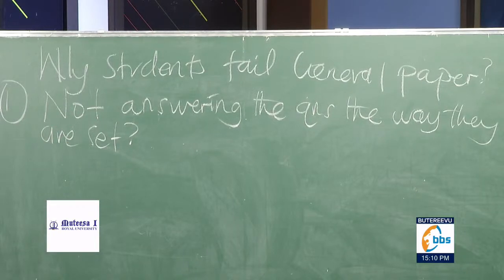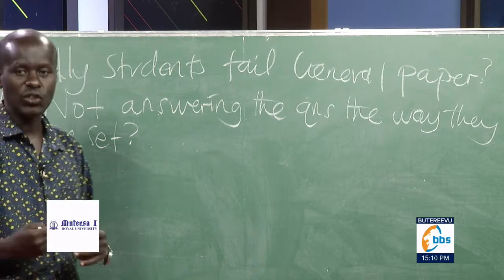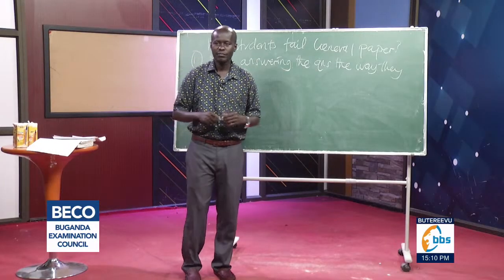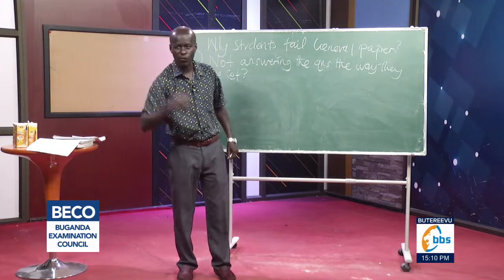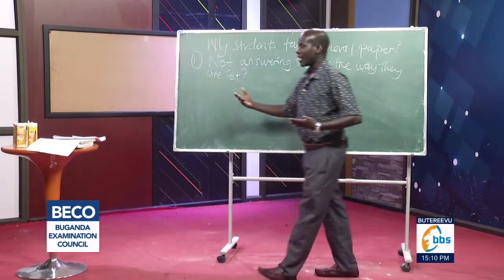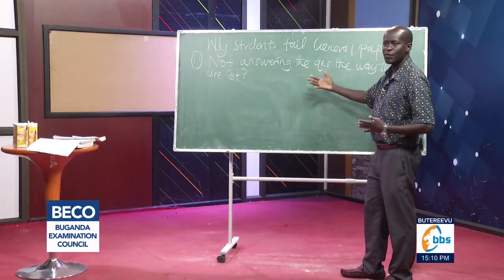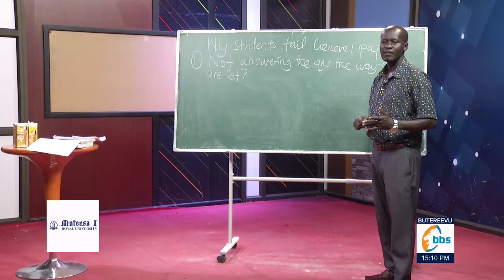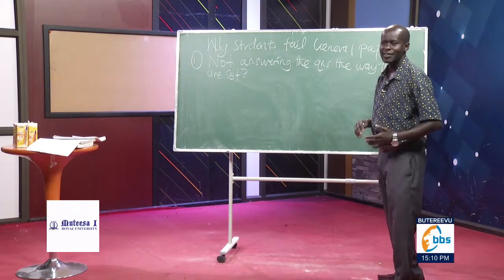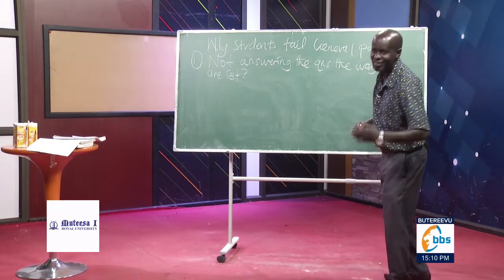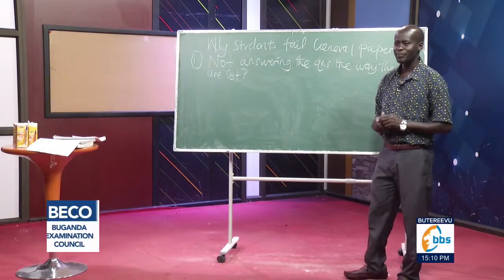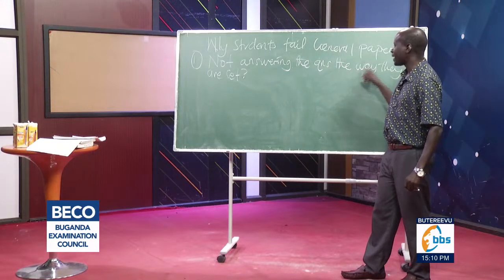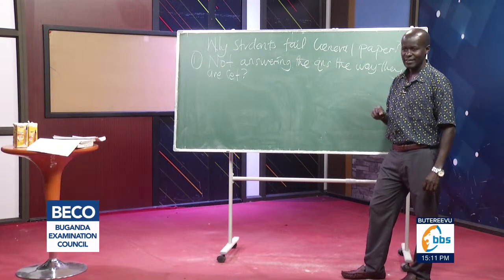Particularly in section A, we have questions that will ask a student, account for, discuss the causes of. Instead of discussing, or instead of accounting for, or giving reasons for, the student will be examining. The students will be justifying. And there you get a problem, because you are not answering the question the way the question is set.